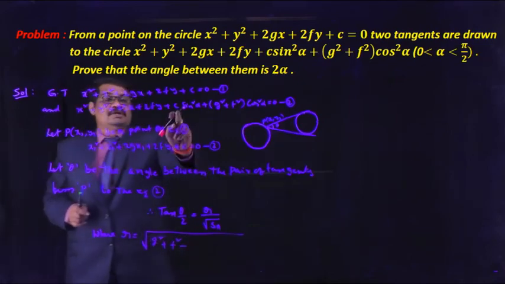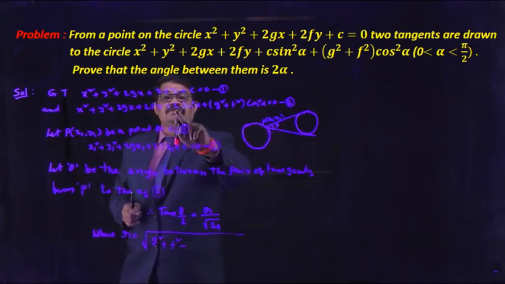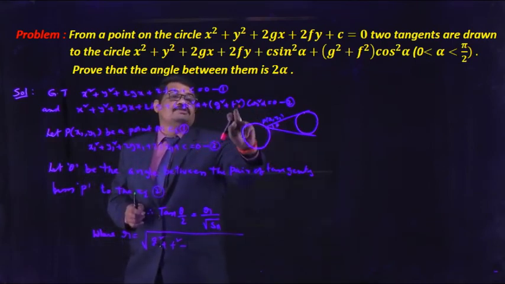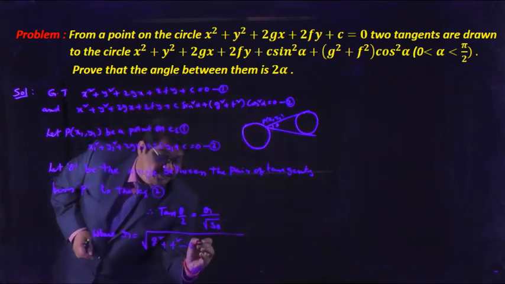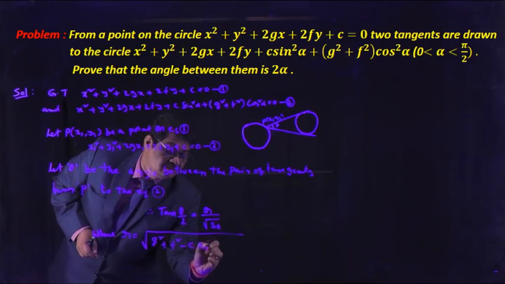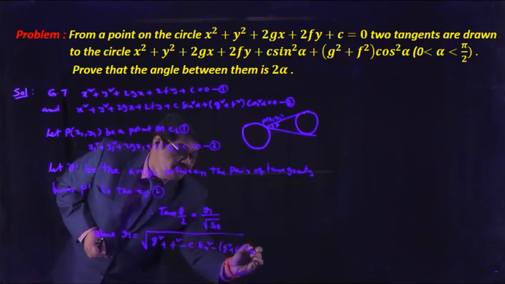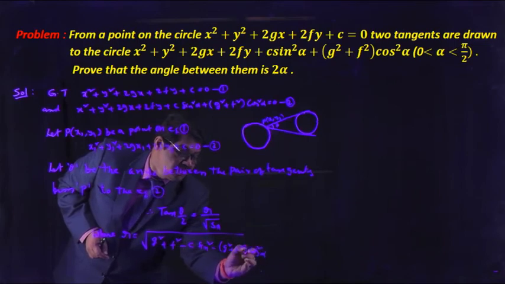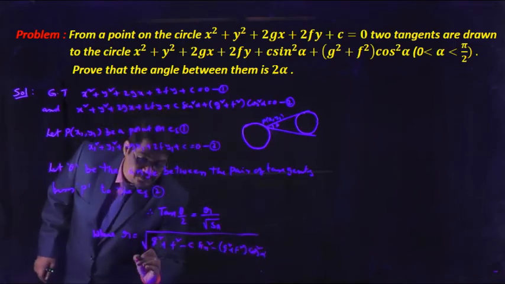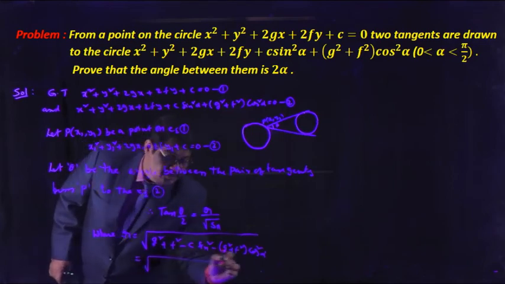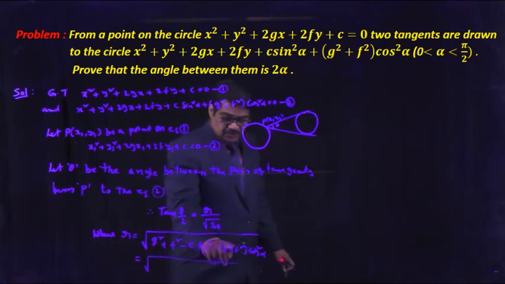What is c in the second circle? This is the constant c sin square alpha plus g square plus f square into cos square alpha. So the radius is the square root of g square plus f square minus c sin square alpha minus (g square plus f square) into cos square alpha. Now we are simplifying this. Here g square, and here minus g square cos square alpha.